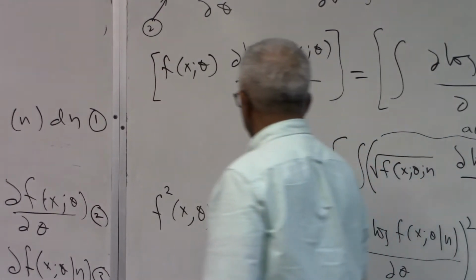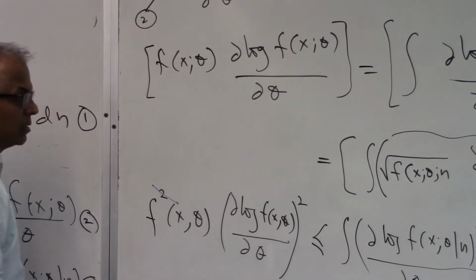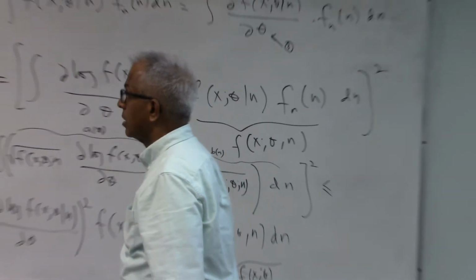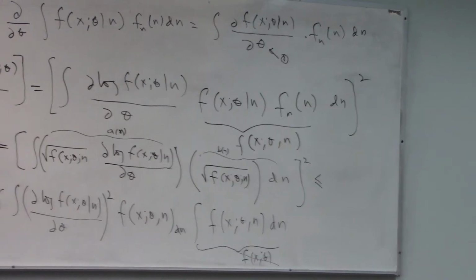Now you see that you can write one more line. I'm going to cancel this square here with this term. Let me write the result here.